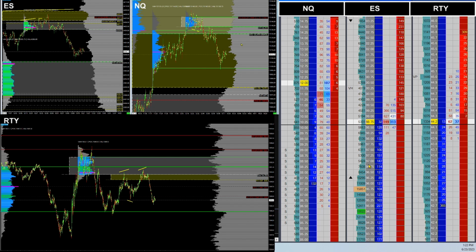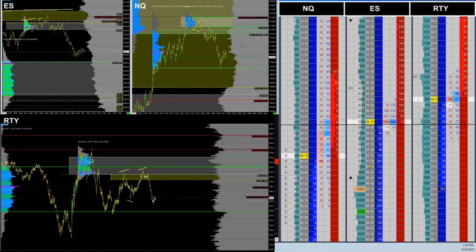This market is not giving me what I need. And it's interesting, I've not seen NQ be the lagging market, and NQ lagged. So that's interesting, because that could be critical information.